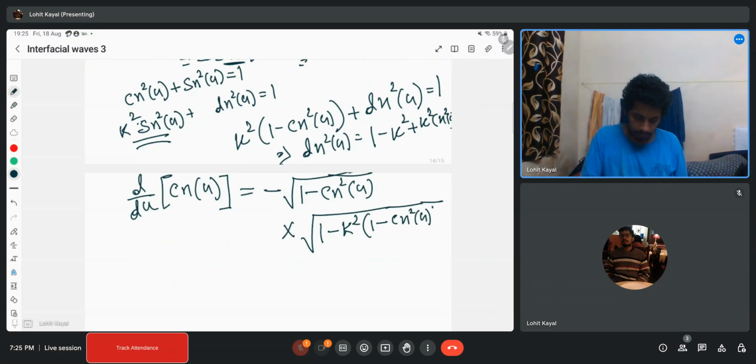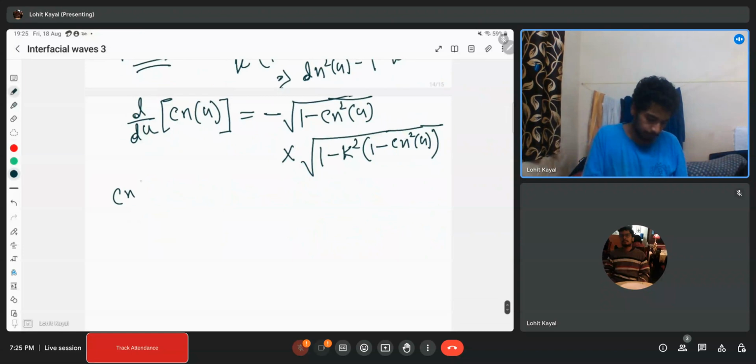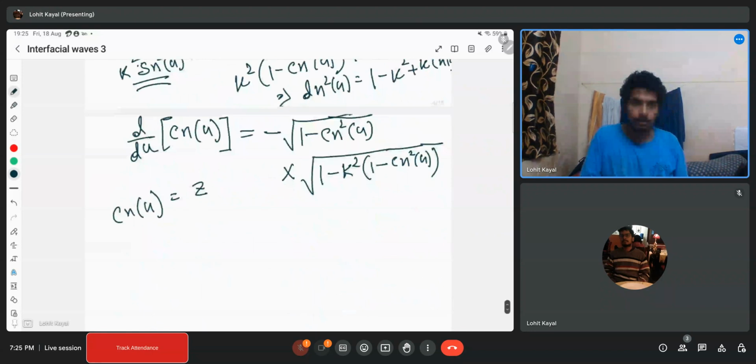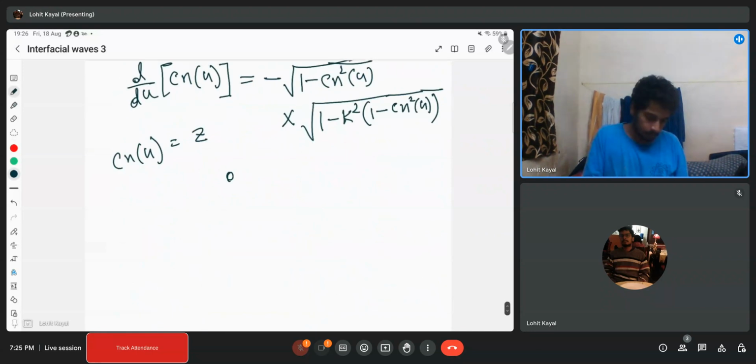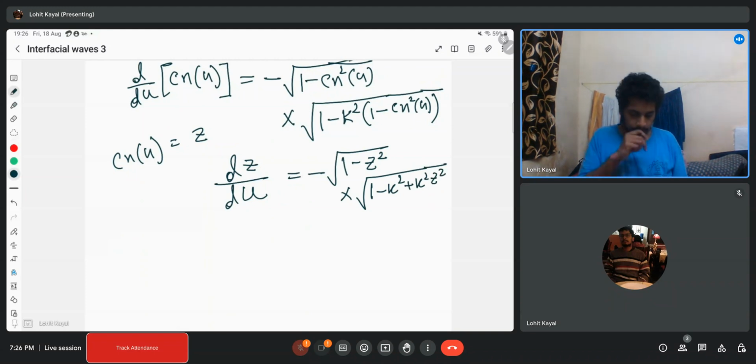Now we can substitute this cn u with some z. So it will be dz/du equal to the square root of 1 minus z square into (1 minus k square plus k square z square).